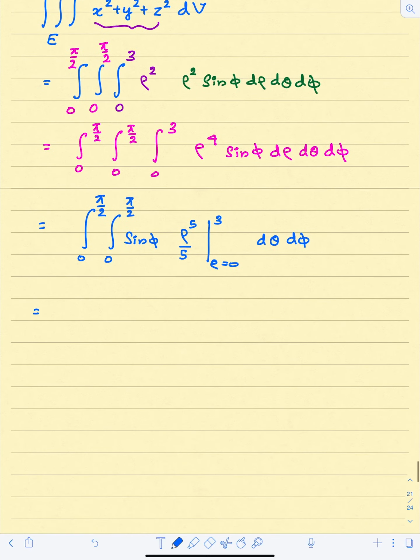So this quantity is nothing but 3 to the power 5 over 5, and it's a constant. And my next variable of integration is theta. Again, we can treat sine phi as a constant. Basically, the integral of 1 with respect to the theta variable is theta.